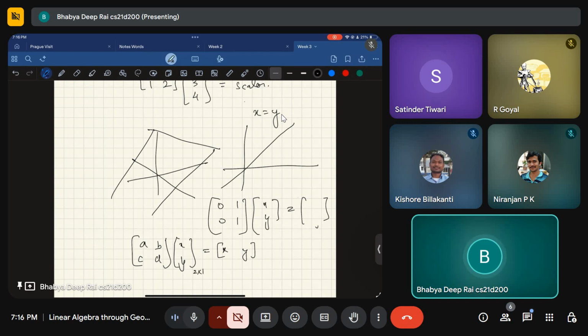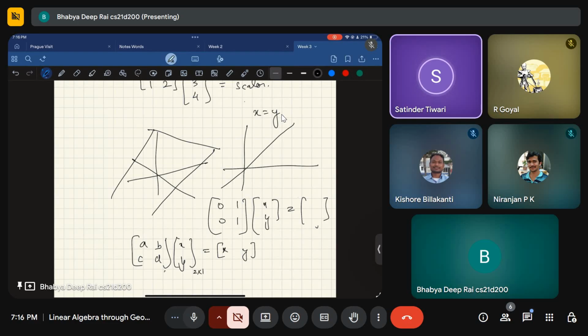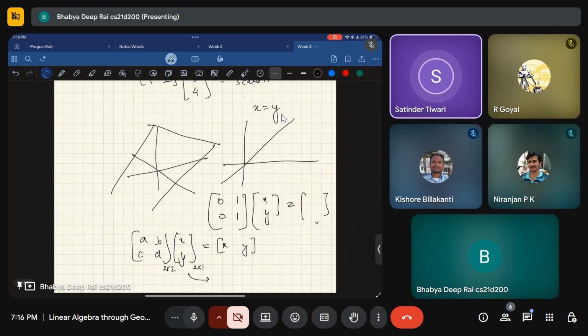Exactly, because this is a 2D point, 2 cross 1, and you are applying a 2 cross 2 transformation matrix here. You should be getting another two-dimensional point, 2 cross 1, not a collection of one-dimensional entities. So transposing the points is not possible, I think, because it would become 1 cross 2. But what I am trying to tell you is, the transformation is not working on the points, instead of transposing the points.